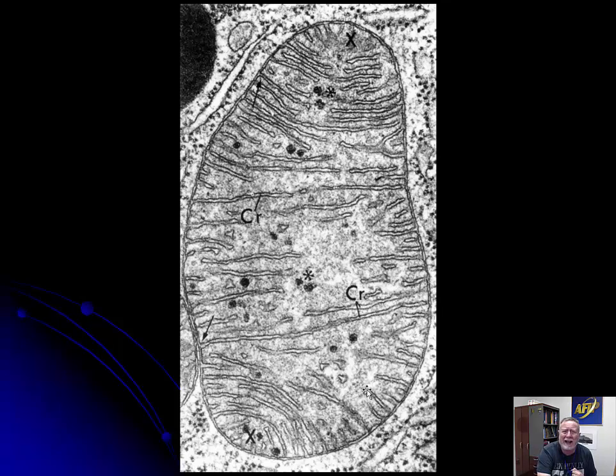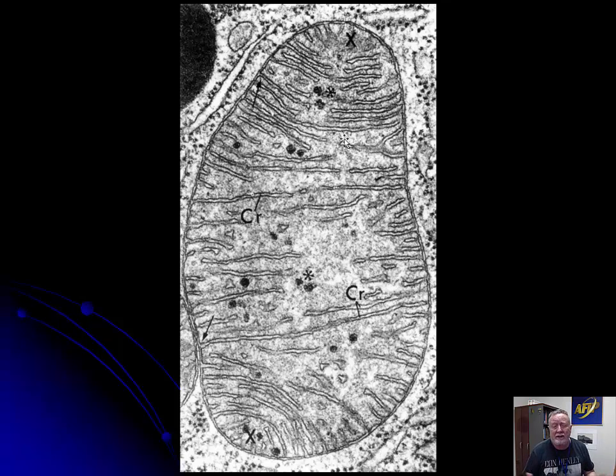Those cells are more metabolically active. They, by nature, have a higher oxygen requirement.